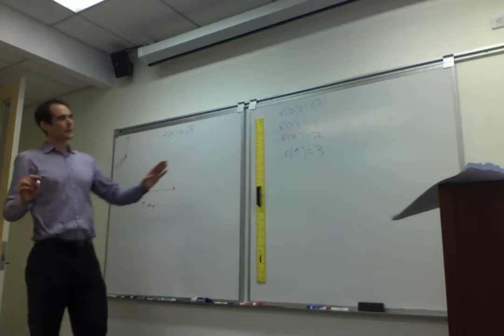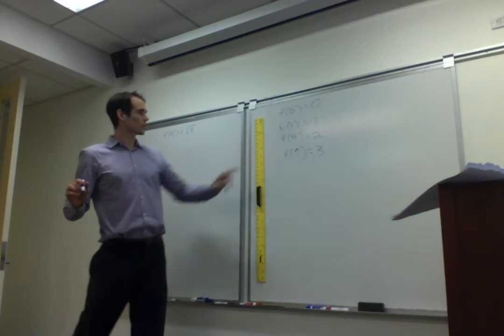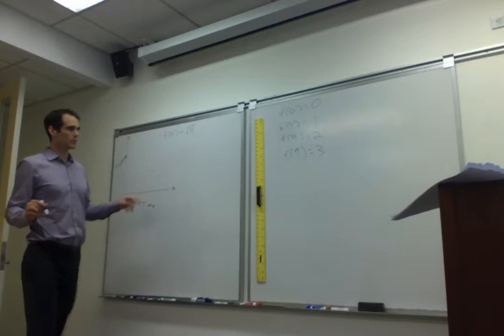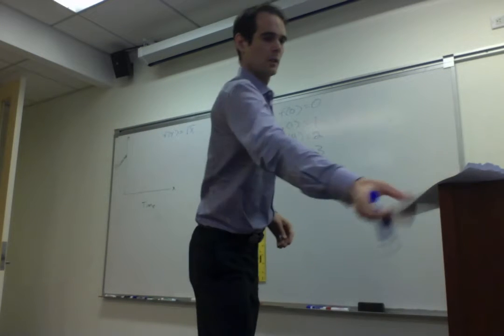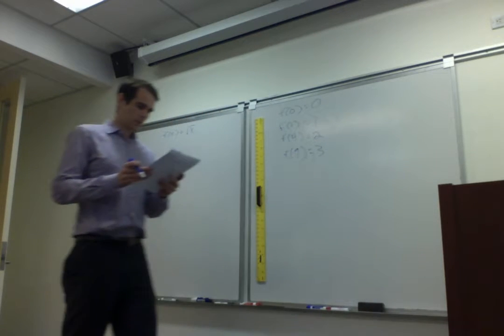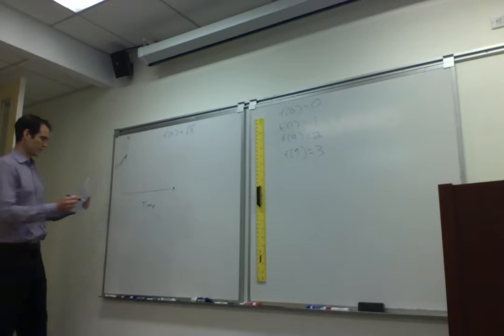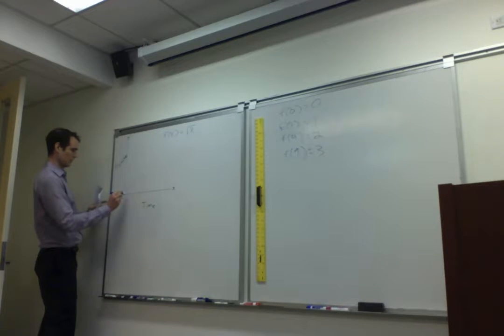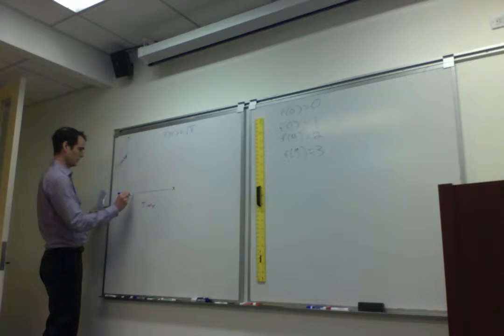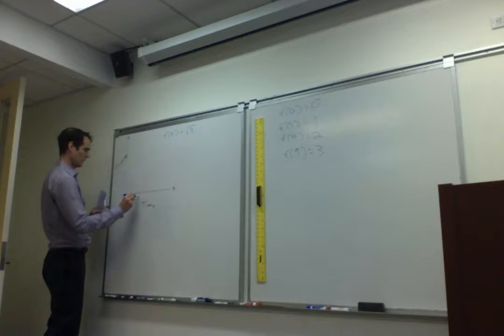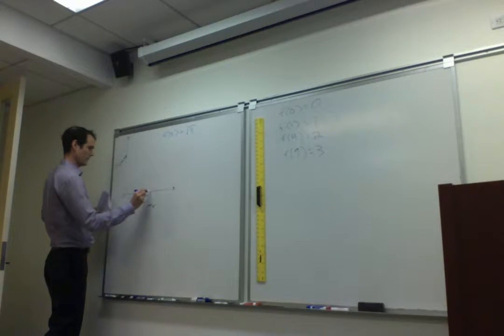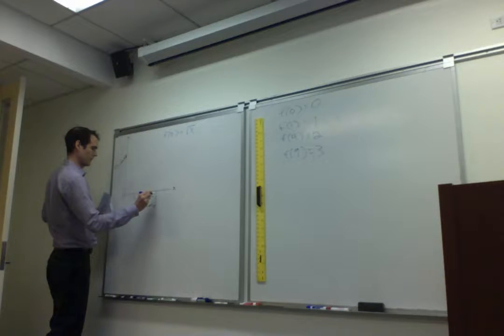And you can see what's happening as x goes further and further along. Okay, so let's do 2. So 0, 1, 2, 3, 4, 5, 6, 7, 8, 9, 10.